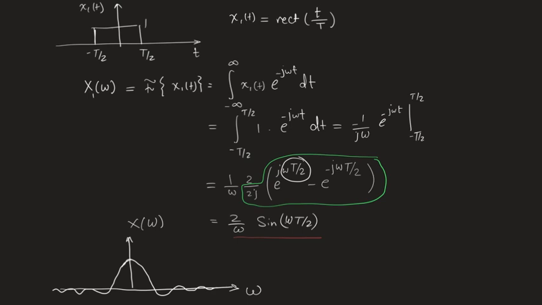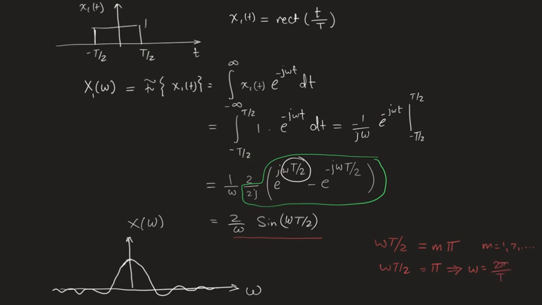So the zeros occur when omega t over 2 is equal to multiples of pi, so m equals 1, 2, 3, and so on. The first one, for example, is omega t over 2 equals pi, which is going to give you omega equal to 2 pi over t.